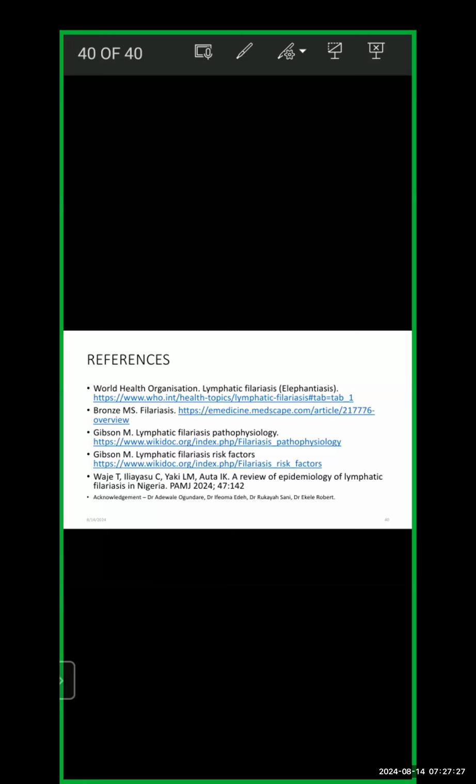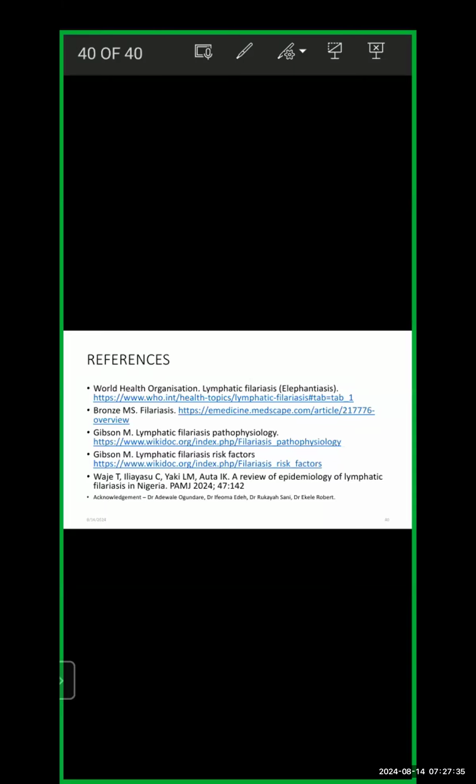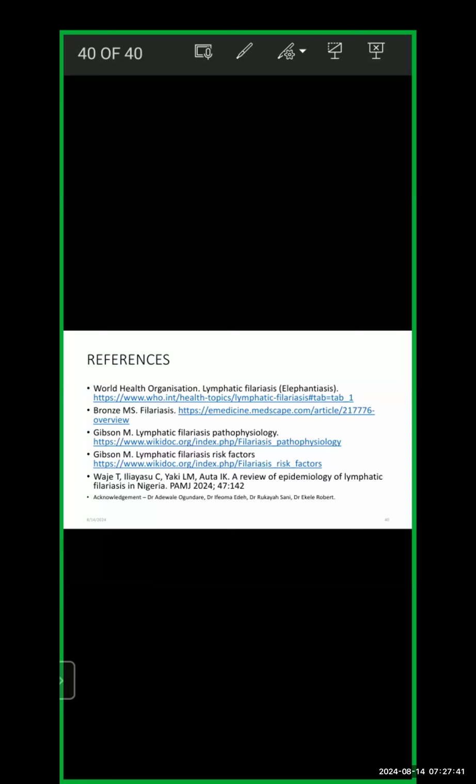Yes, it's a differential actually, but Wuchereria bancrofti is top on the list because of how common it is, in 90% of cases, especially in sub-Saharan Africa. That's why I chose it, but it's a differential as well. Then Dr. Mahmoud is adding that the pre-patent period is from bite to diagnosis. Thank you so much, everyone.